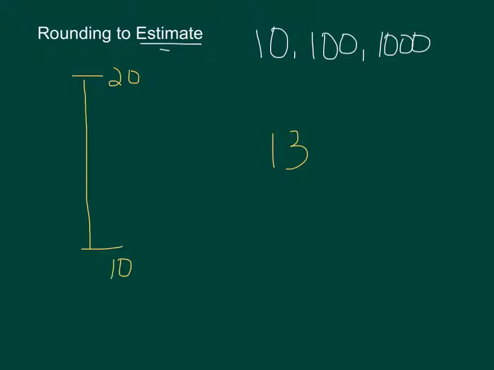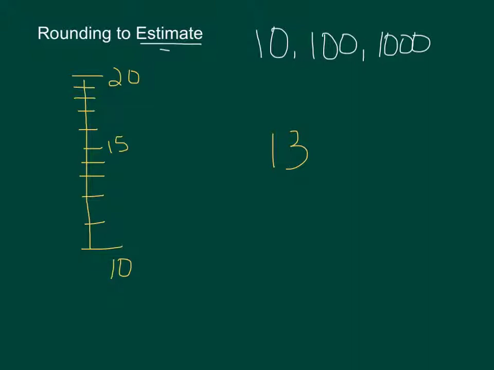So what is right smack in the middle of 10 and 20? 15. Where is 13 in relation to that? So let's find out. 10, 11, 12, 13, 14, 15, 16, 17, 18, 19, 20.